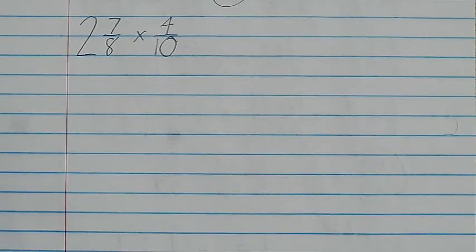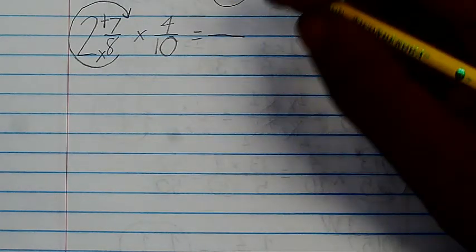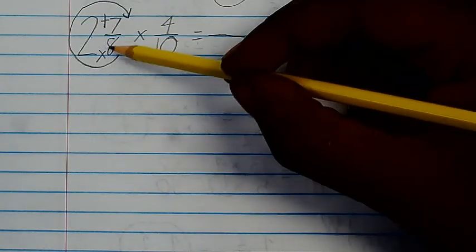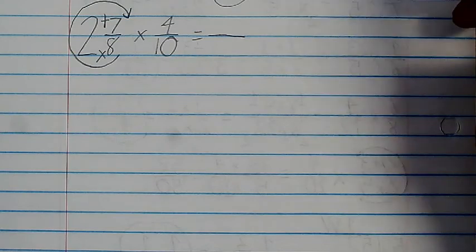So now we have 2 and 7/8 times 4/10. All right. So now here, of course, we need to change this mixed number to an improper fraction, multiply, and then add. So can someone unmute your microphone and tell me what the improper fraction that is equivalent to 2 and 7/8 is equal to?